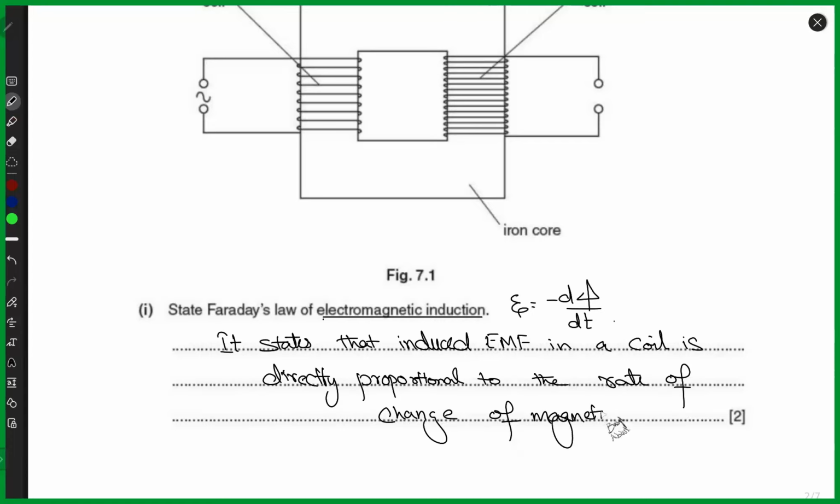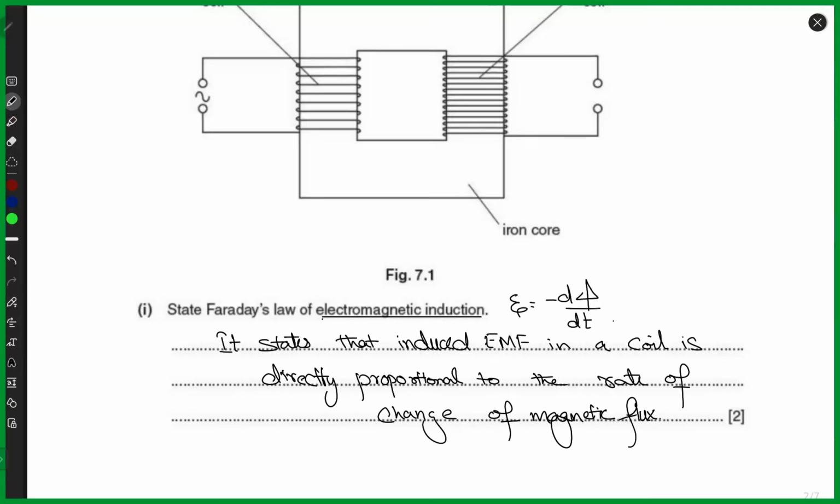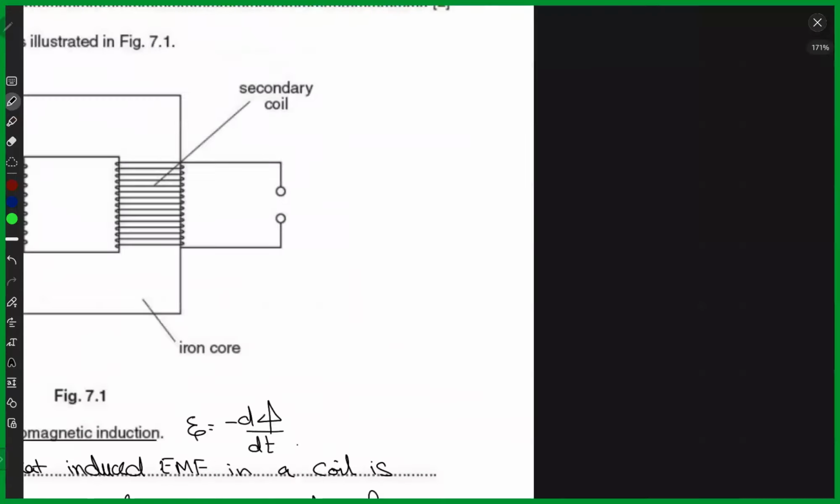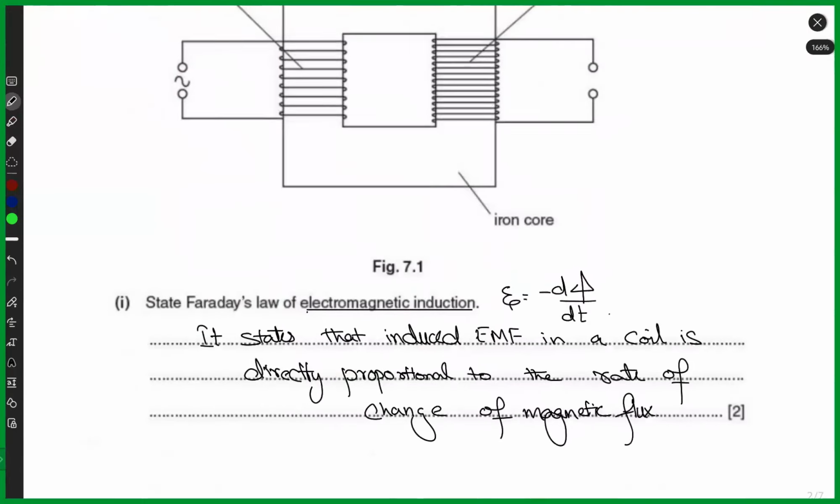So if the magnetic flux changes, that would cause EMF to be induced, or in other words, it would produce a current if the magnetic flux is changed, as we discussed in detail. So that's clear, right? I don't think there would be any question from here. Let's go to the next page.